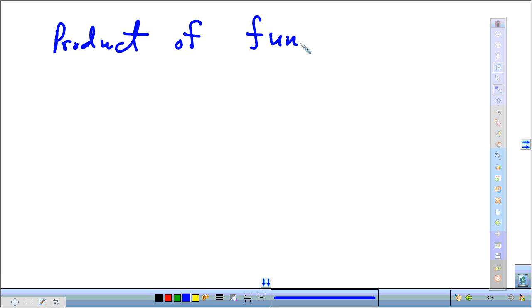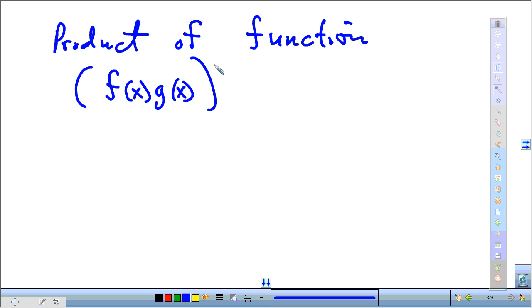So instead of a product of a constant and a function, what happens if we take a product and then look at its derivative?